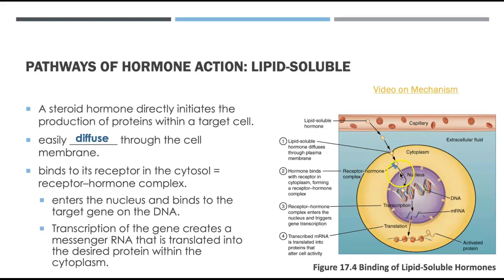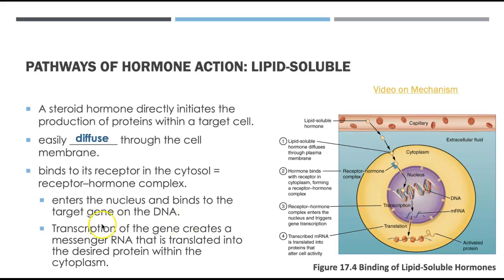And then it's going to bind to what we call a receptor hormone complex. So it could do this in the cytoplasm out here, and then enter our nucleus and bind to the target gene on the DNA. And then through the process of transcription, we are going to create a messenger RNA strand.